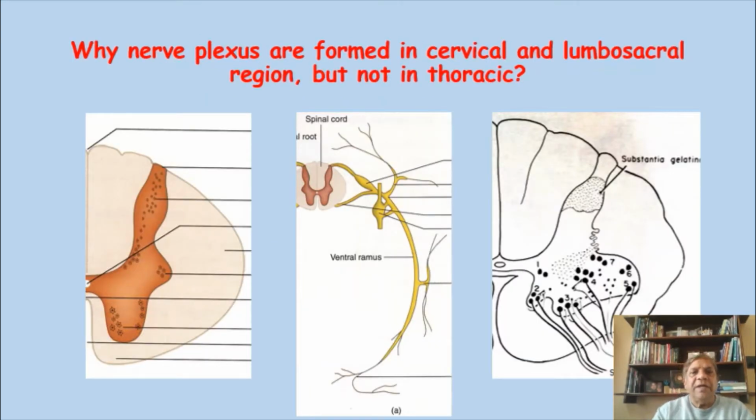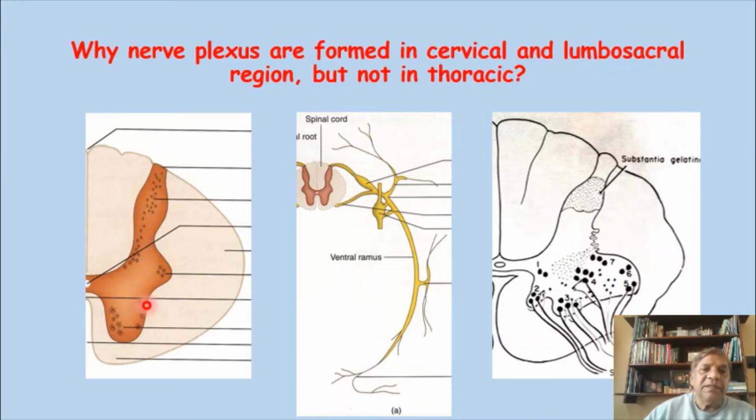Now, why are nerve plexuses formed in the cervical and lumbosacral region but not in the thoracic region? Let us see this first diagram. This is a diagram from the thoracic part of the spinal cord, where the anterior horn cells present in the anterior gray column are few and arranged into medial and lateral divisions.